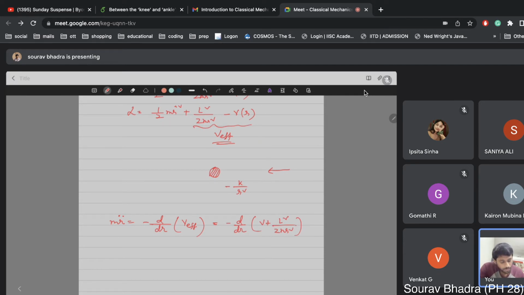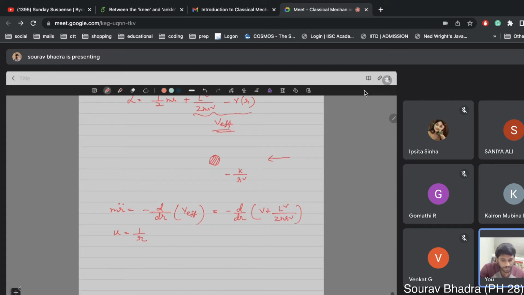Now one thing we will do, we will replace u as 1 by r, where r is the radial distance. If you do this substitution, then you will get dr/dt as minus 1 by u square du/dt. I mean it is a chain rule.